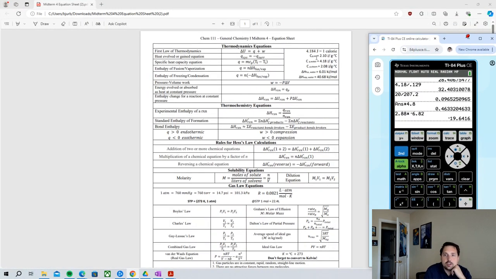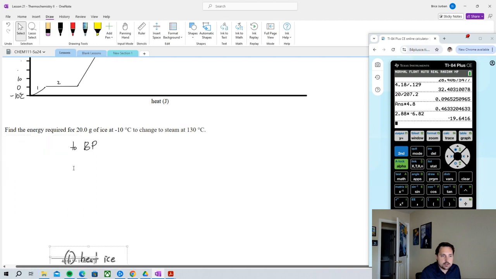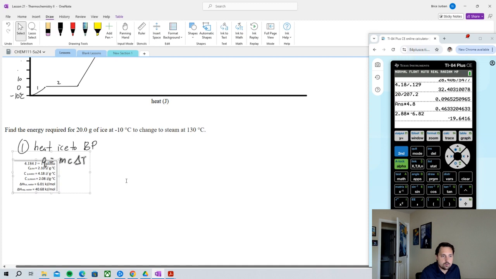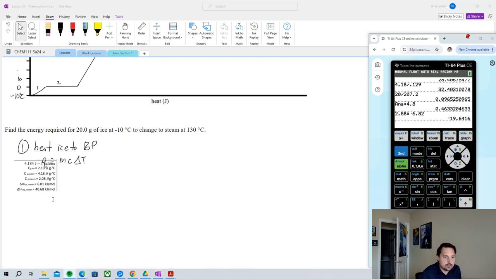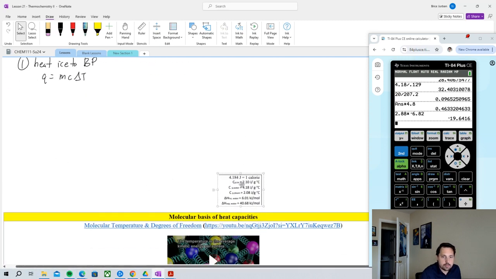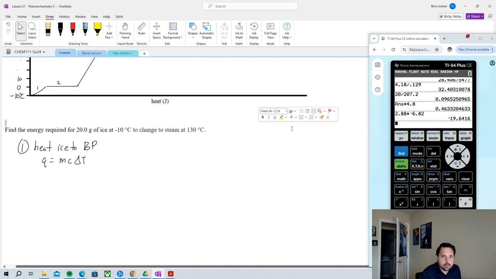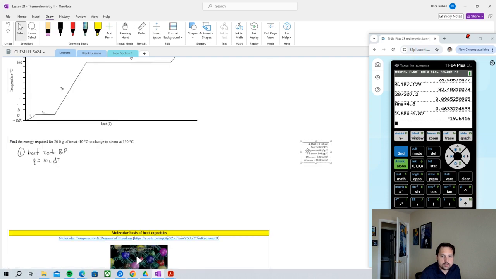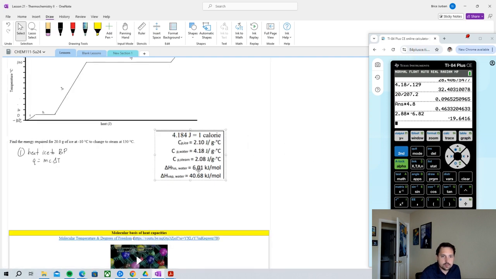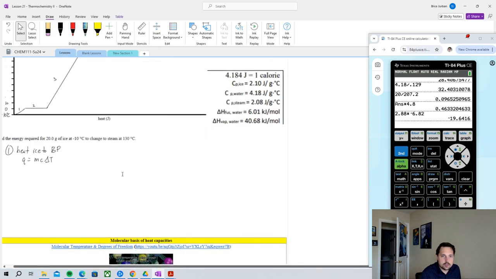I guess I'm going to call it final equation sheet. But we can see here that the specific heat of ice is 2.10. Let's grab these values here. It won't let me paste it. There we go. Okay, so we're going to use these values here.